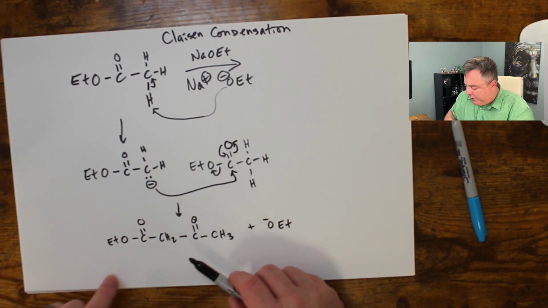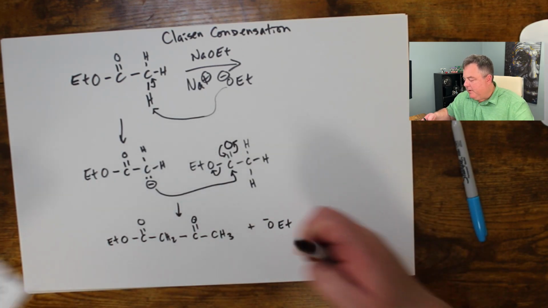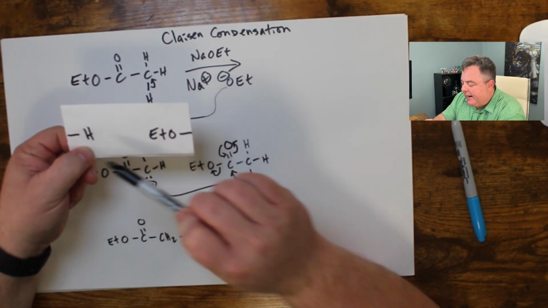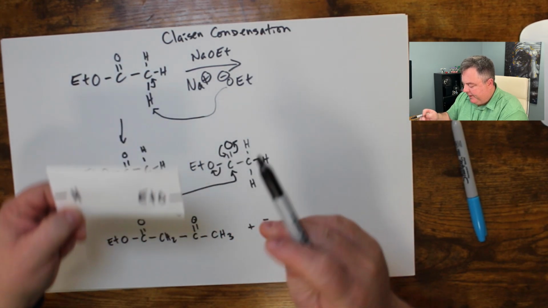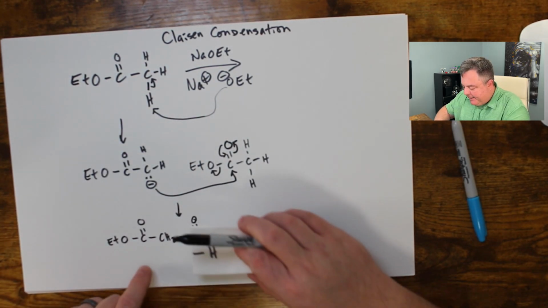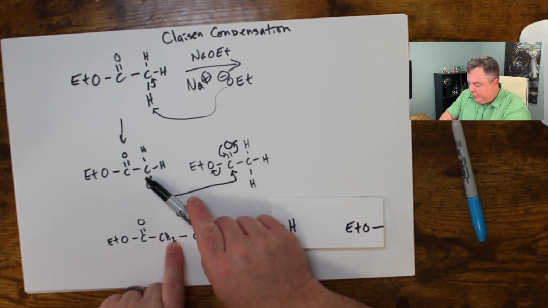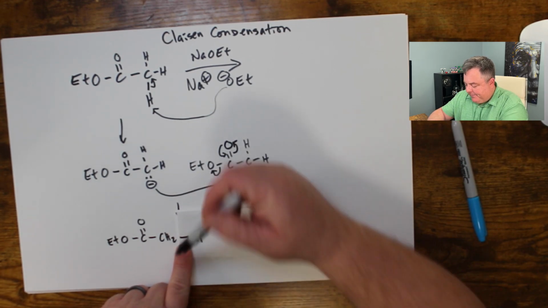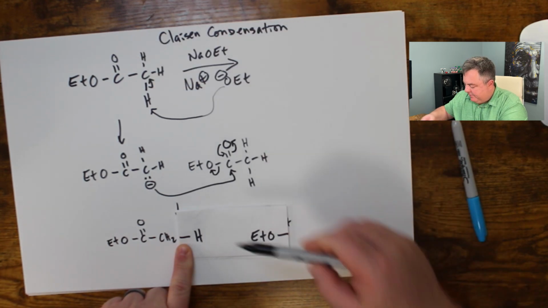There's one more thing I want to show you when you have a Claisen condensation product. I can take the alcohol I started with and make a little card with the hydrogen on one side and the OEt, the ethoxy group, on the other side. And I can come back here and look at the bond I just formed between CH2 and my carbonyl, and I can cover that up, put my hydrogen back in, and I see that I have my starting material.